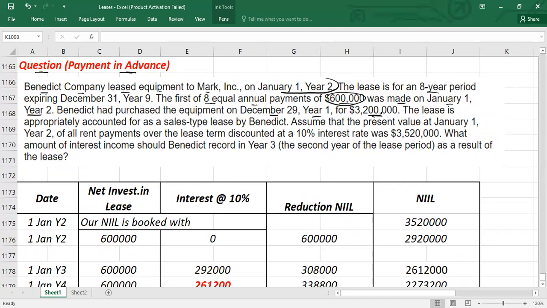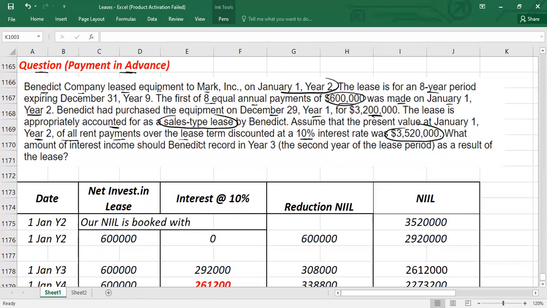This is actually the cost, because 1-2 days before the lease you purchased this equipment. The lease is appropriately accounted for as a sales-type lease. Assume that the present value at January 1 year 2 of all rent payments over the lease term discounted at 10% interest was this. This is the present value, it already told you.